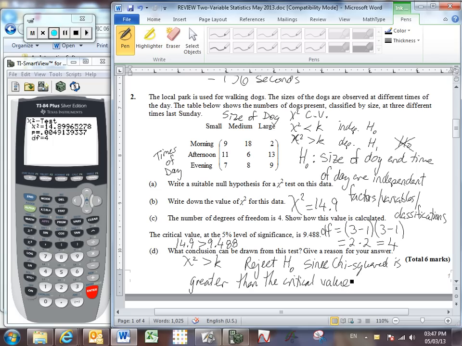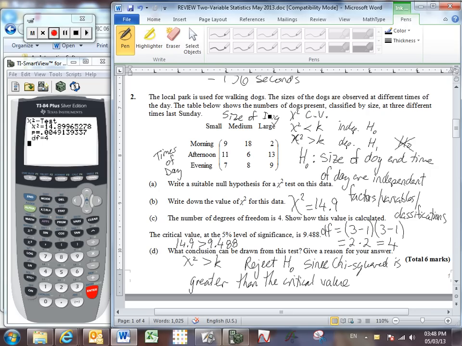So let's just put this back into context now. This means that we can conclude that the time of day that a dog is walked and the size of the dog, in fact, surprisingly maybe, are dependent factors. In fact, there is some impact, and I'm trying to think about why this might be. I wonder whether particular dog owners who have particular sizes of dogs would be more available to walk them at certain times of day.